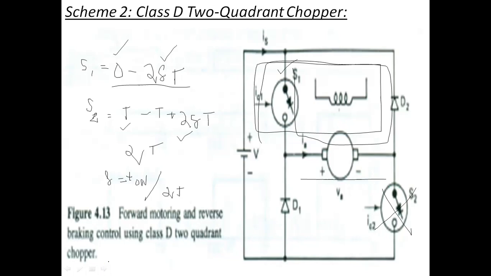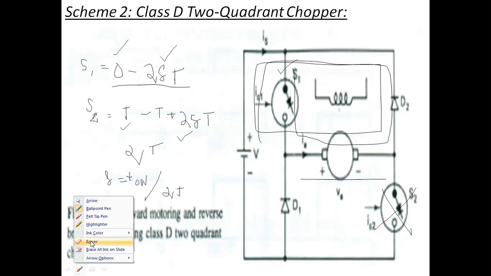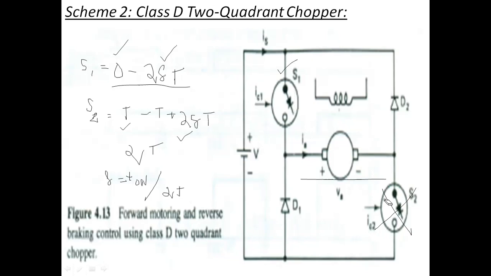Next, mode 3 operation. Mode 3 will be on when S1 is open and S2 is closed.